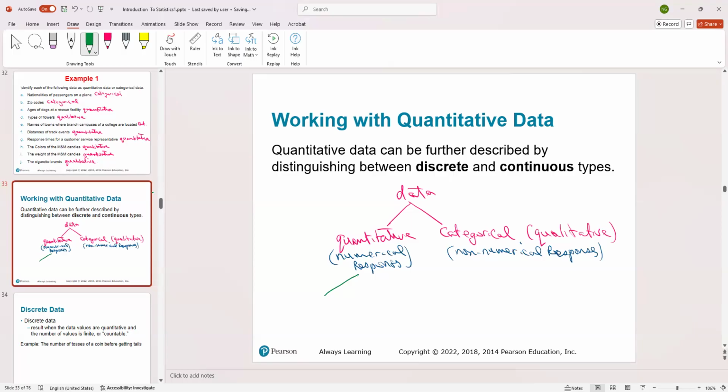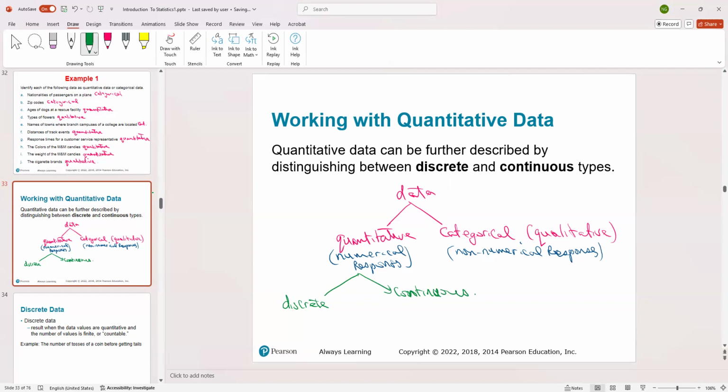You can call it qualitative data as well. Now, quantitative data can be further described as distinguishing between discrete and continuous. So we have discrete, finite, and continuous. Now, these two data, we have discrete and continuous.